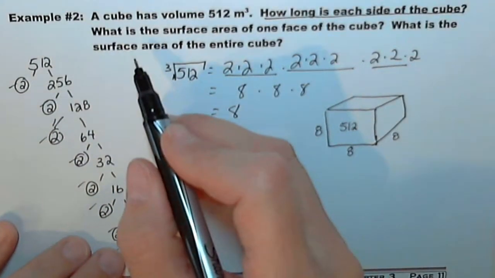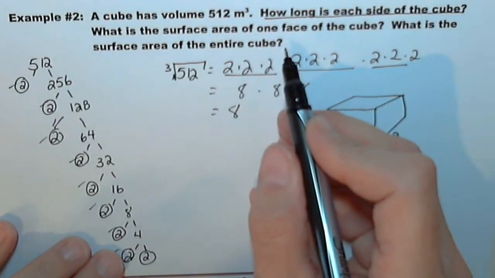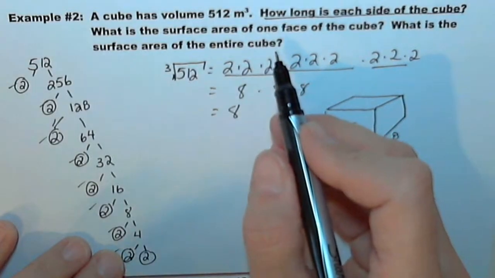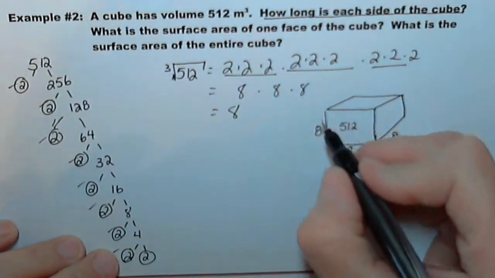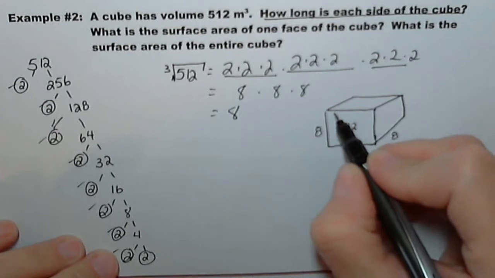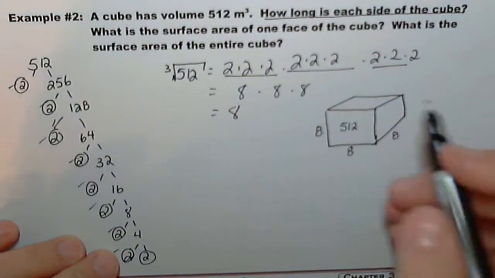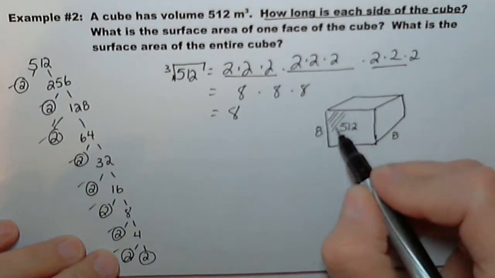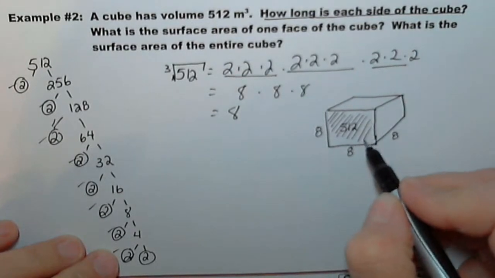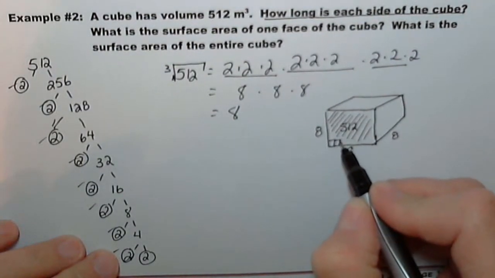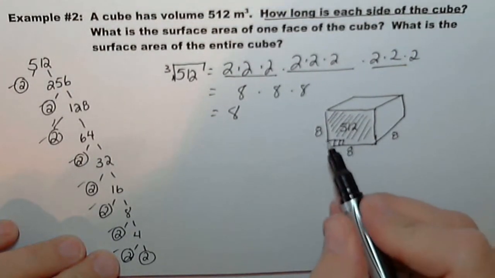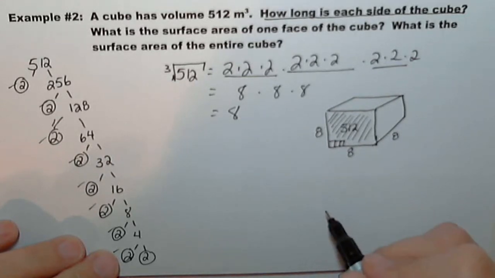Now the question next asks, what is the surface area of one face of the cube? That means that if I was just going to look at one side of this cube, just this one side here, and I was to count how many little squares were on the front of this, how many would there be?